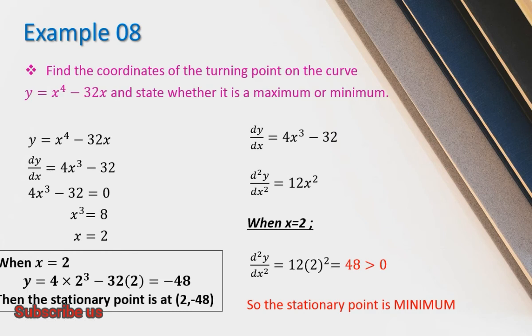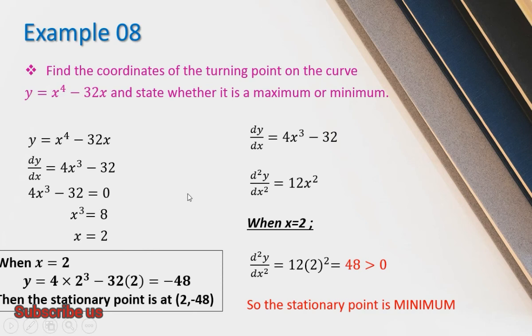After differentiating, we get 4x cubed minus 32. When dy by dx equals 0, it means 4x cubed minus 32 equals 0. Then we can get the x value equal to 2.